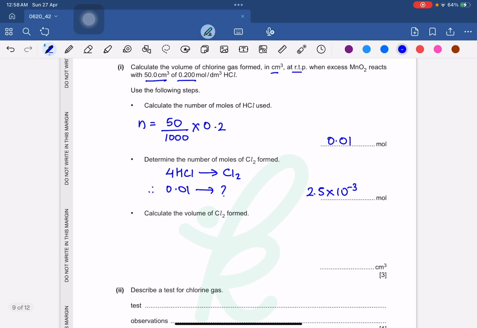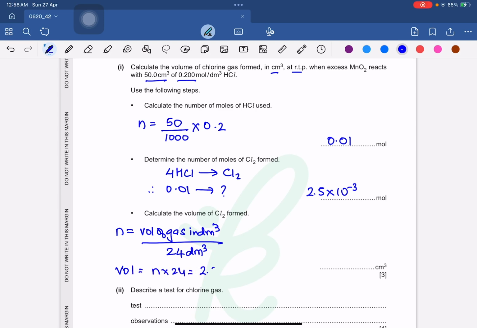Next part, calculate the volume of Cl2 formed. So the formula for moles related to this is n equals volume of gas in dm³ upon 24 dm³. Here I'll make volume the subject. So volume will be n times 24.